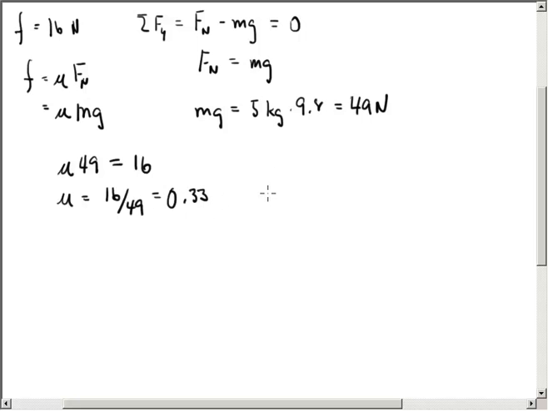It is a unitless number, since you're dividing newtons by newtons. And that is the end of the problem for this particular study.